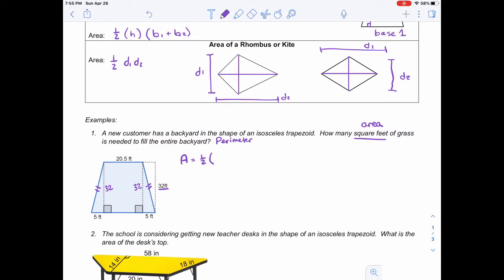So I'm going to start off by saying area is equal to 1/2 times our height, which we have, and then our base 1 plus our base 2. So we can see up at the top, our entire base at the top is 20.5, and then down here at the bottom, we can see that we have two sections of our base given to us as 5 feet each. And again, we're just going to bring down this 20.5 here. So our entire base length is just going to be 5 plus 5 plus 20.5, which is 30.5.